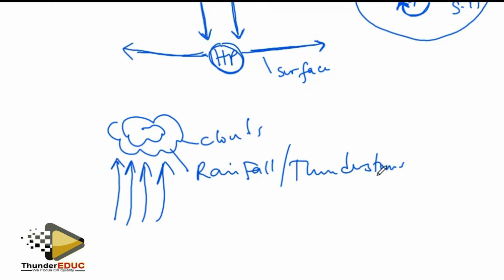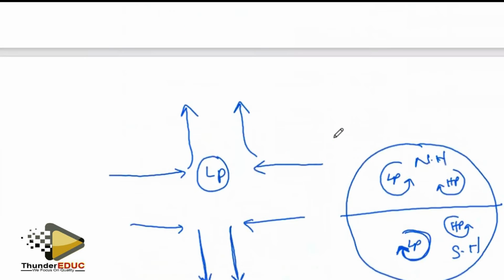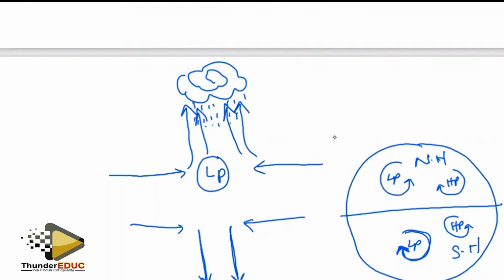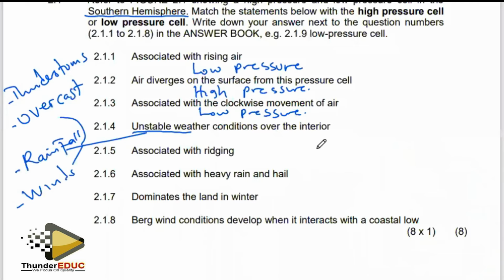And we did indicate up here that in low pressure cells, air rises. See, when it rises, there will be formation of overcast clouds and there will be rainfall. So, which means that unstable conditions are associated with low pressure cells.